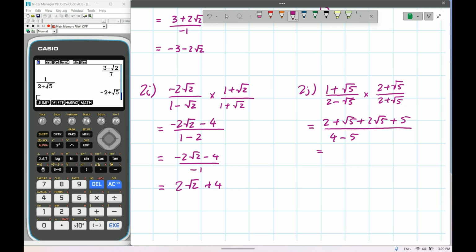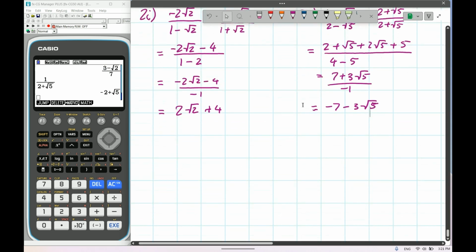The 2 and the 5 will make 7 plus 3 root 5 all over minus 1. And then this minus 1 can change the signs on the values of the numerator. All right.